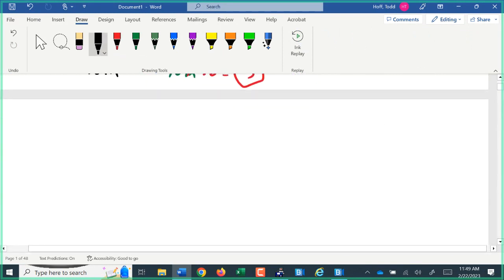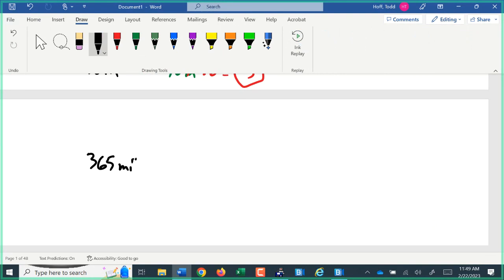So I've expressed that the ratios have to compare two numbers with the same label. Well, what if we want to compare two numbers that have different labels? Let's say we go on a road trip and we're going to drive 365 miles and it takes 7 hours. There is no way here that I can turn miles into hours or hours into miles. These are going to have different units, different names.